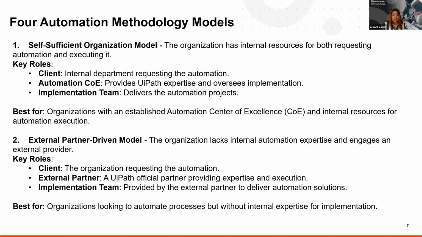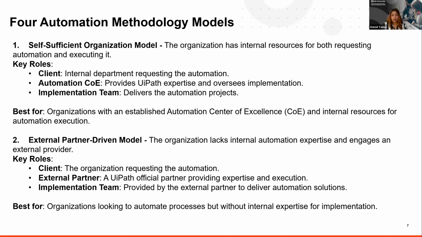The second model is the external partner-driven model. In this model, the organization lacks internal automation expertise. So if they want to get something automated, or if they want automation services, they have to go and seek that service outside their organization.